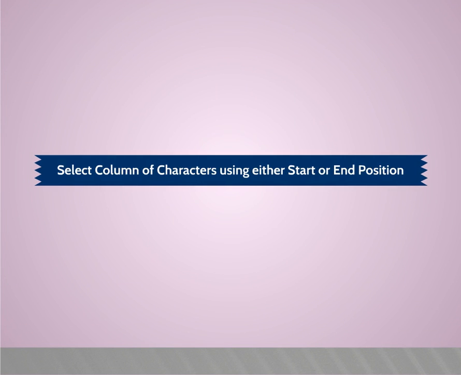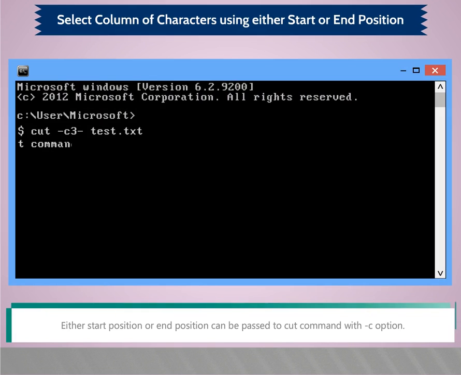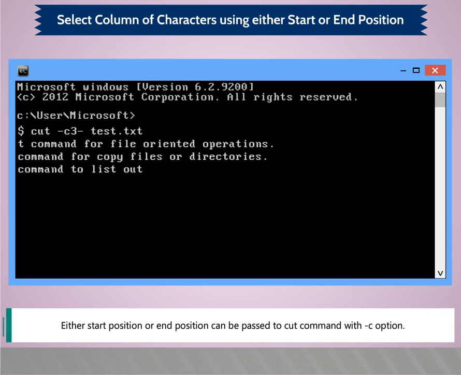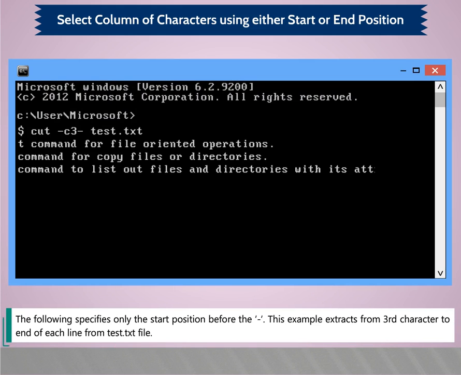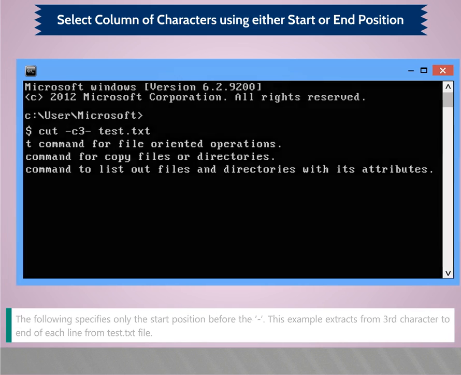Select column of characters using either start or end position. Either a start position or an end position can be passed to the cut command with the -c option. The following specifies only the start position before the hyphen. This example extracts from the third character to the end of each line from the test.txt file.